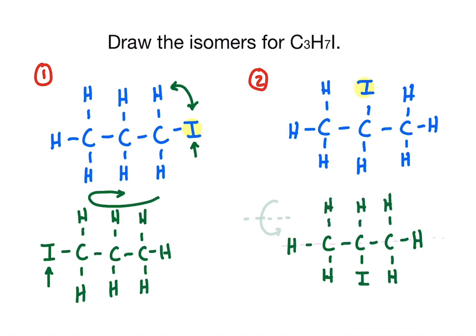In this case, again, if we just rotate the molecule, flipping it on that plane, I'll use purple for this. If we flip it on this plane, then we'll get the same identical molecule with iodine in the same position. So marked as 1 and 2 in red, these are the only 2 isomers for C3H7I.